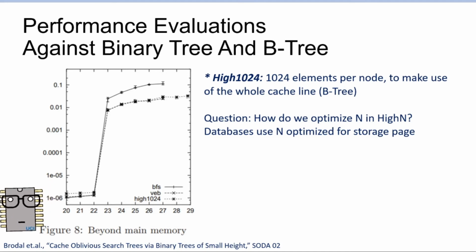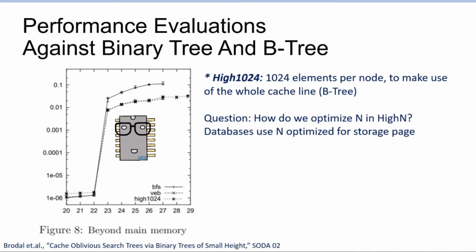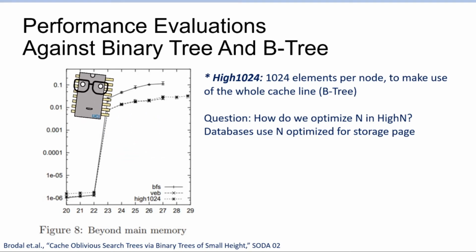So when the tree size is small enough to fit in memory, and I don't know if it's very visible, but yeah, the van Emde Boas tree is slower than the binary search tree. But as soon as we move to a size that it starts hitting the storage, this chart would be more impressive if we actually had the 6 and 8 node B trees from before, but maybe I should create one.